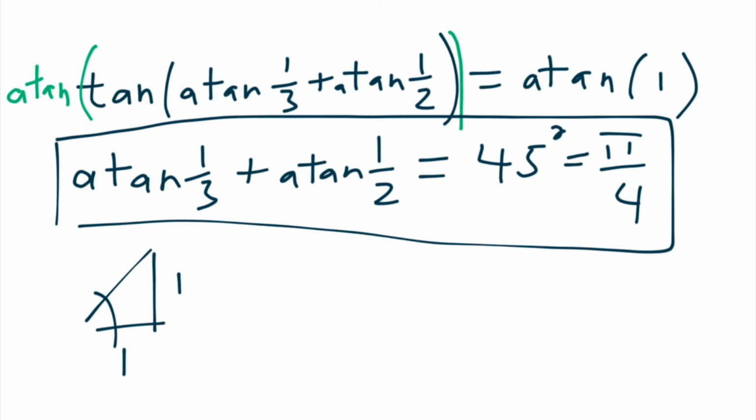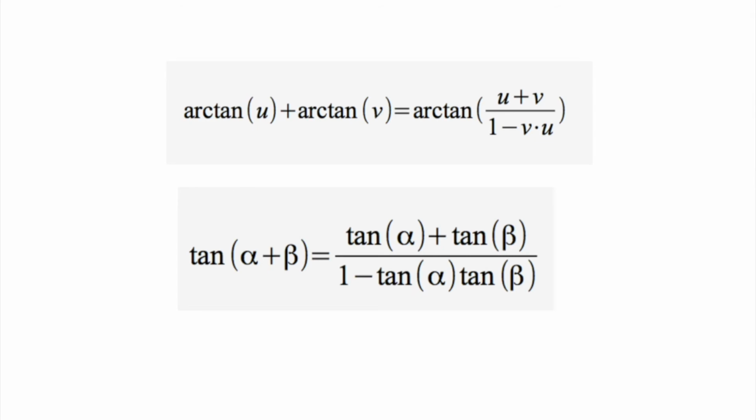Now you're wondering, is there an identity that you could use to do this? Yes, there is. If you're rushing on a test, you may want to know how to derive it, because I sort of did that secretly without saying I would. It's quite analogous. Arctangent of u plus v is equal to arctan of u plus v over 1 minus vu.